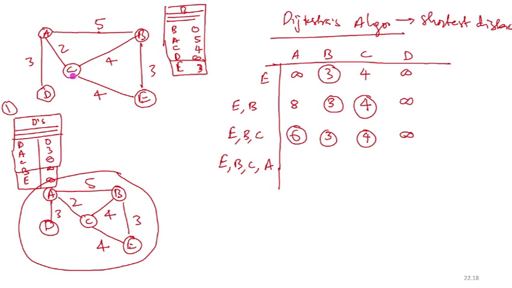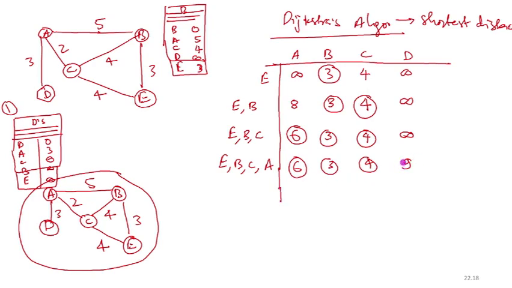So with 9 weightage we can reach, or we can consider other paths as well. So from E to B, A, and then D. So 5 plus 3 is 8, and then 8 plus 3 is 11 as the weightage. But by C, A, D we are able to reach with 9 as the only weightage. So 6 is the optimized one, 3 is the optimized one, 4 is the optimized one, and here the 9 will be the one.